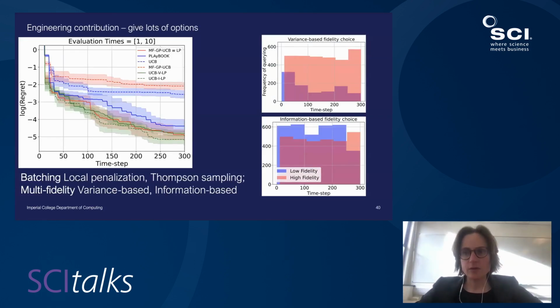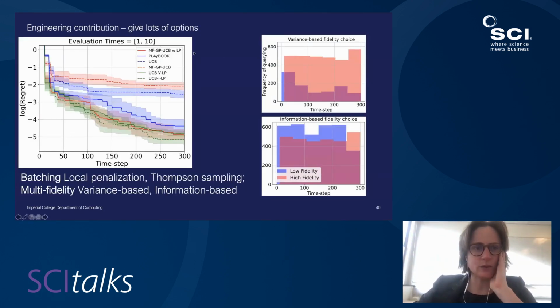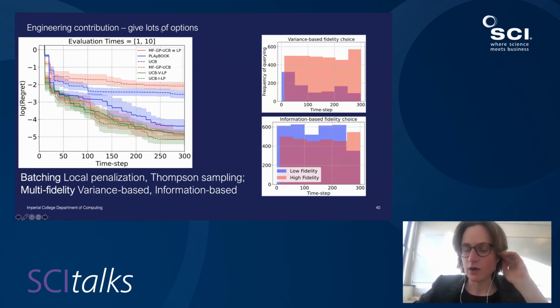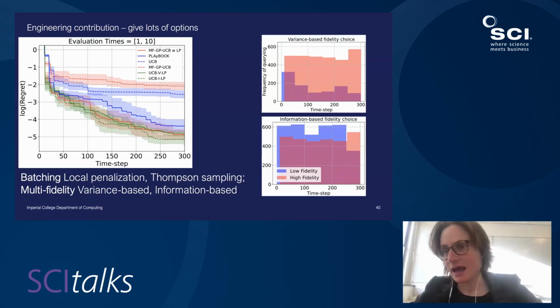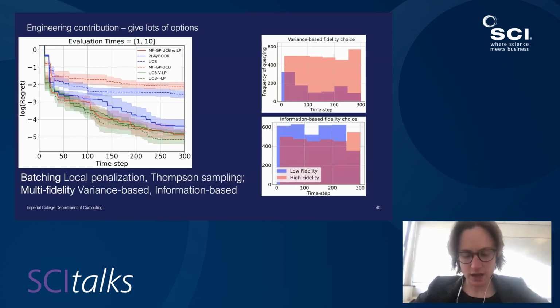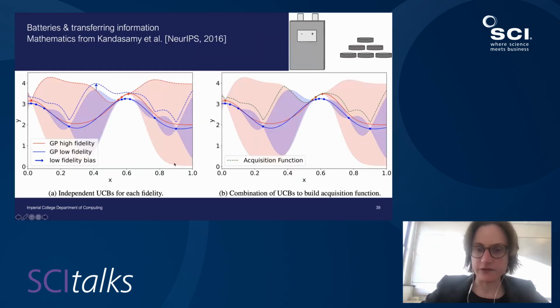And then with BASF, one of the things that we've been doing is developing an engineering contribution where we give lots of different options for how to combine the different fidelities. And basically the point of this is that, even similar to Bayesian optimization, where I'm never quite sure, unless I understand the application a bit better, how to combine methods, we might not be in a situation where we can use the very particular method that was developed in the very particular paper.